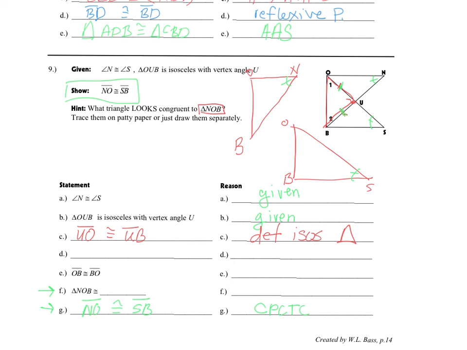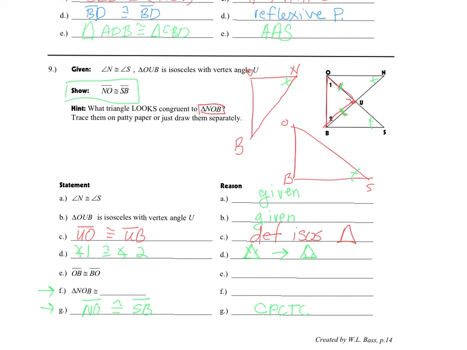And so what we're going to say is that angle 1 is congruent to angle 2. And our reason behind that is that if we have a triangle with a pair of congruent sides, then that implies that the triangle has base angles that are congruent.